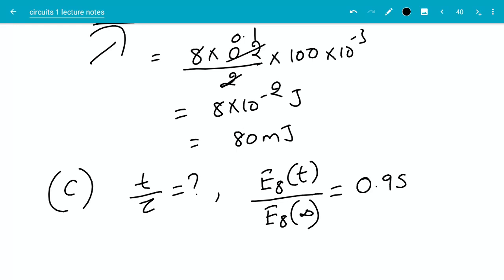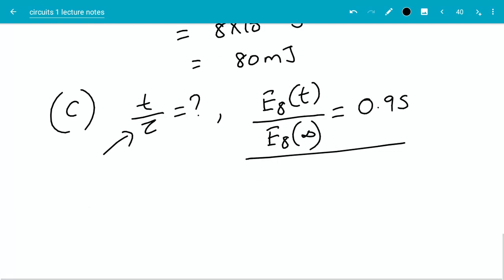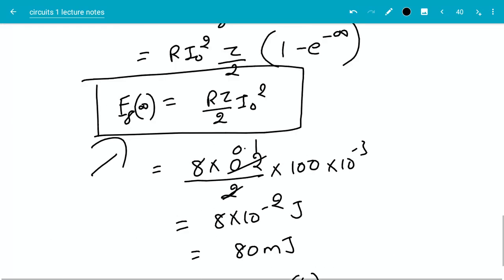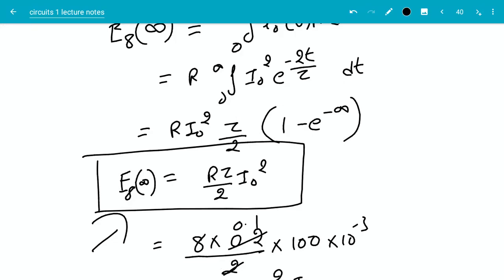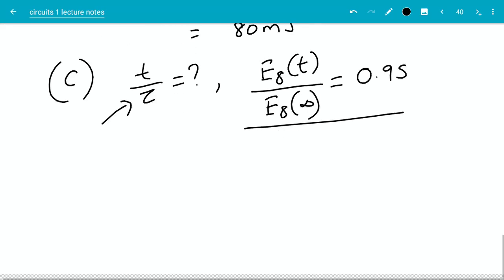Okay, and then what should t over tau be when this ratio is equal to 0.95? So let's look at that. Let me do that again; it's not a big deal.